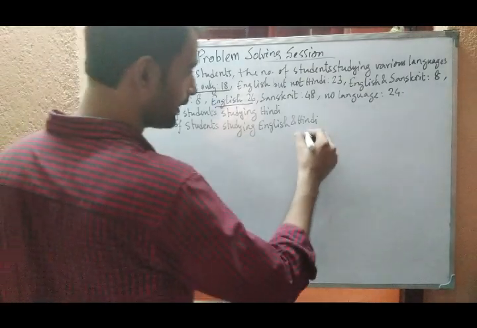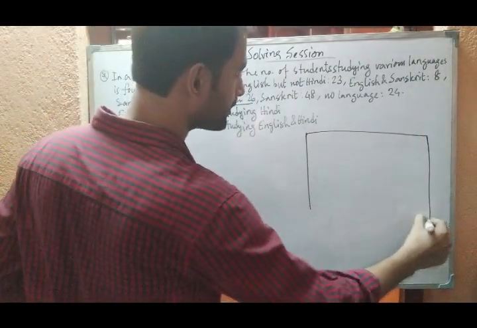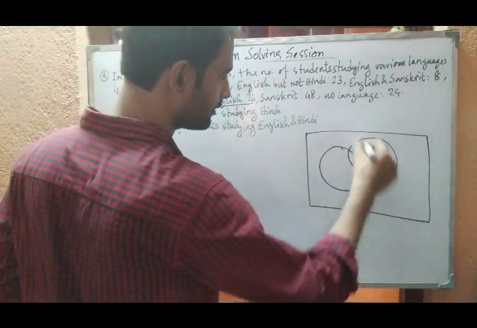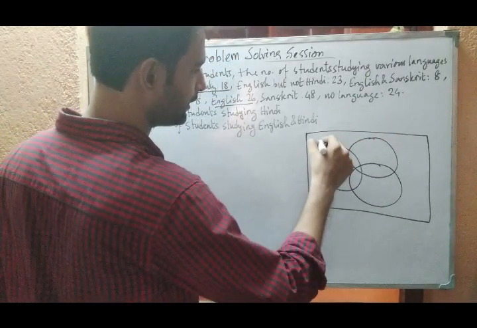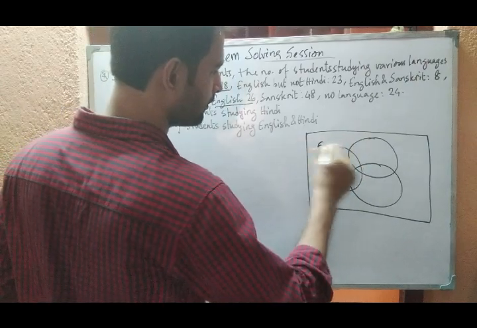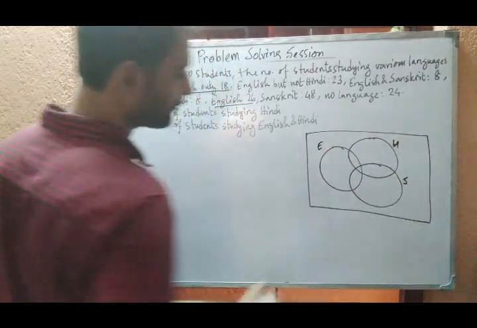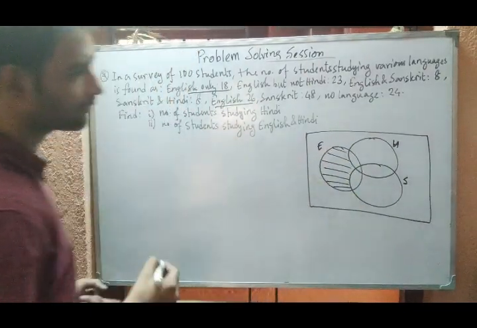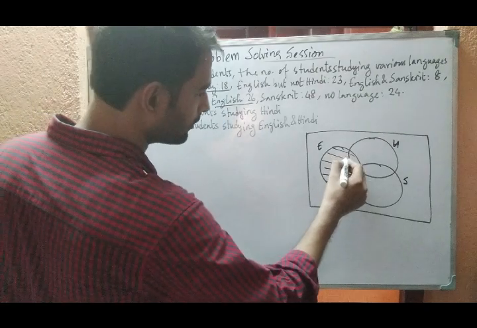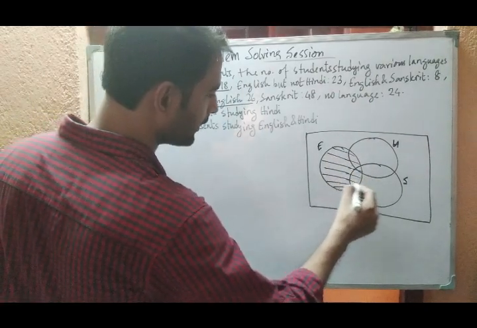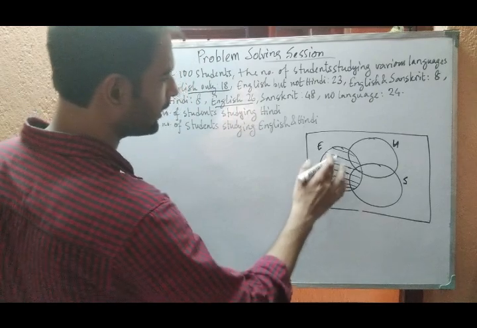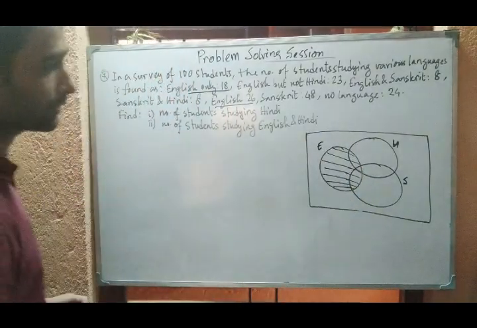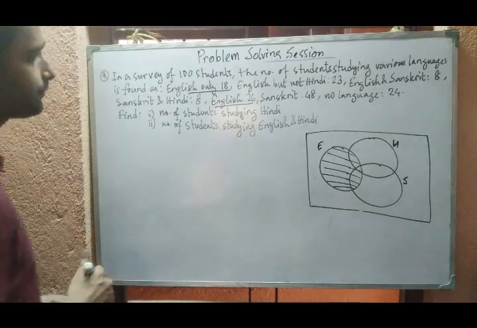That means if you take the sets E, H and S for English, Hindi and Sanskrit, and you draw the regions, then it is saying that this region is for English only, and the whole region E is the set English. So that means here will be 18 students, and in the whole it will be 26 students. That you have to remember.